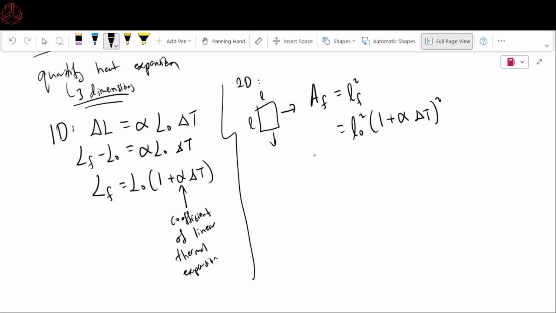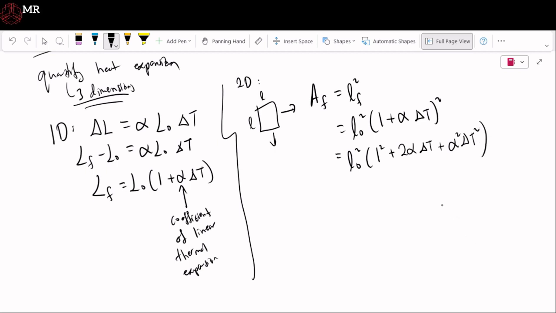If I just square that, I'm left with L naught squared times 1 plus 2 alpha delta T plus alpha delta T squared.